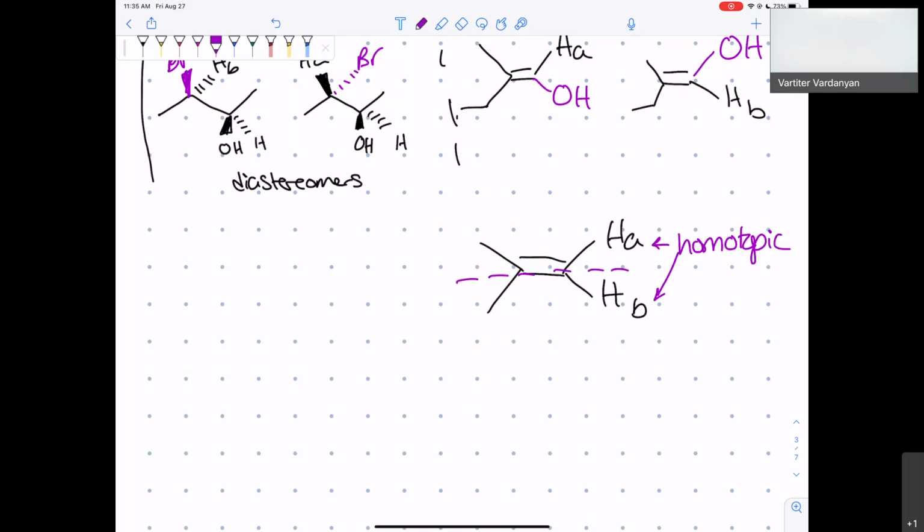Cool. Now, what if I switch it up and I give you this? What's the relationship between HA and HB now? Heterotopic, why? Kind of, but there was no symmetry up here, was there?